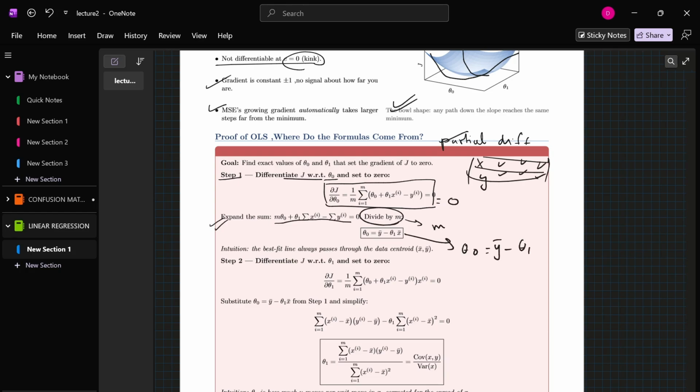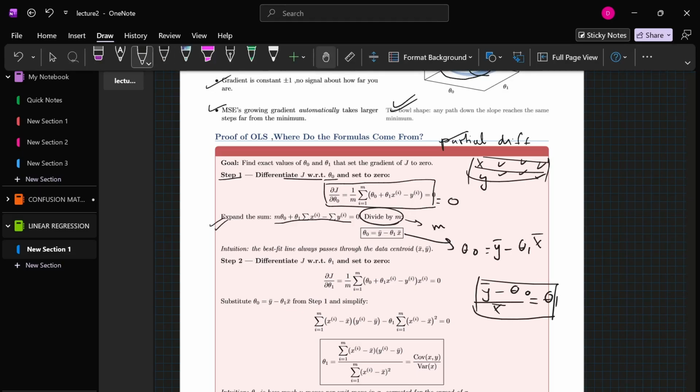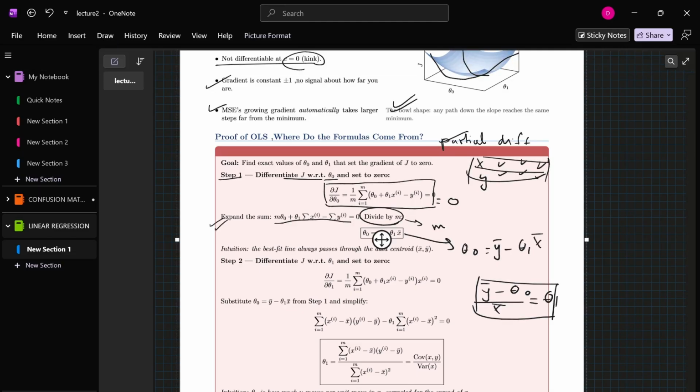Okay, now we are going to find theta 1. To find theta 1, you need to differentiate the cost function with respect to theta 1. Now I have one more suggestion here. This proof is given here, you can go through it, but if you want to find it directly, you can get the values of y bar and x bar from the given data, and you get the value of theta naught.